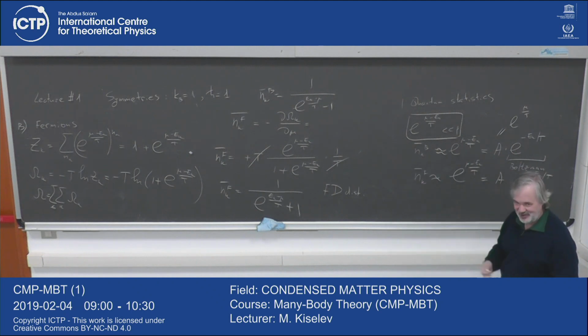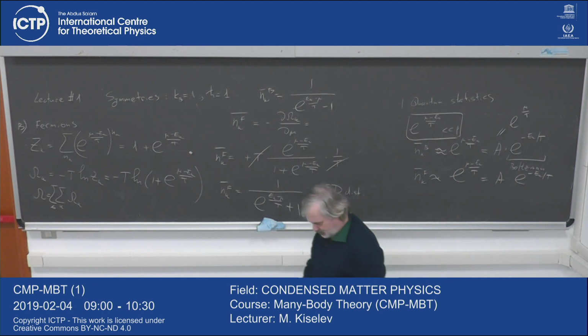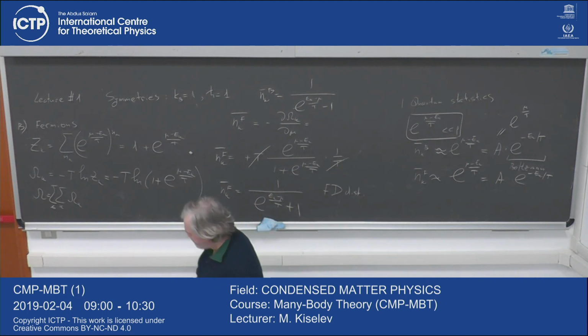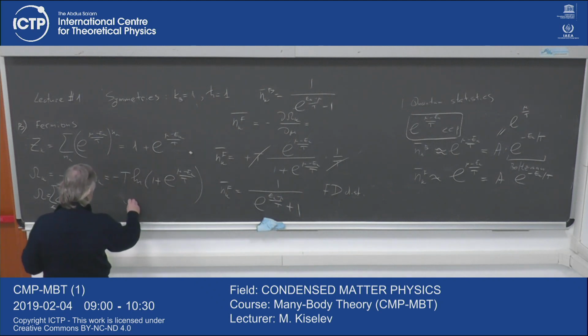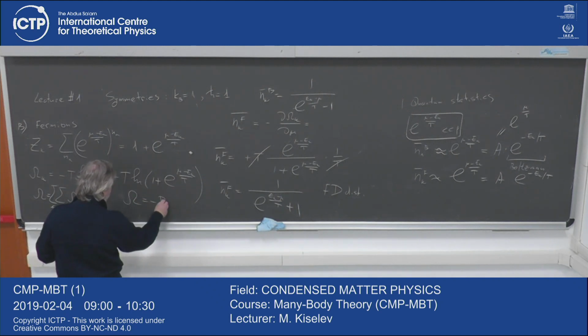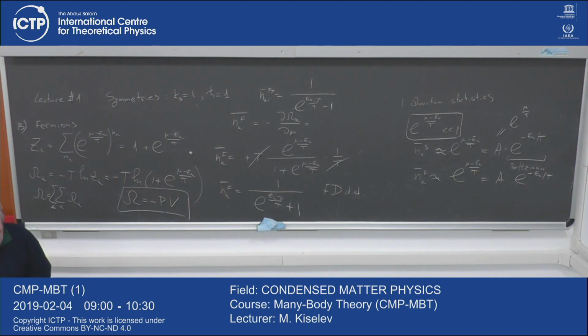I mean, you expand more and you proceed with a computation of the pressure. So basically your thermodynamic potential Omega is minus P times V. This is your thermodynamic equation, and this is where you get the pressure.